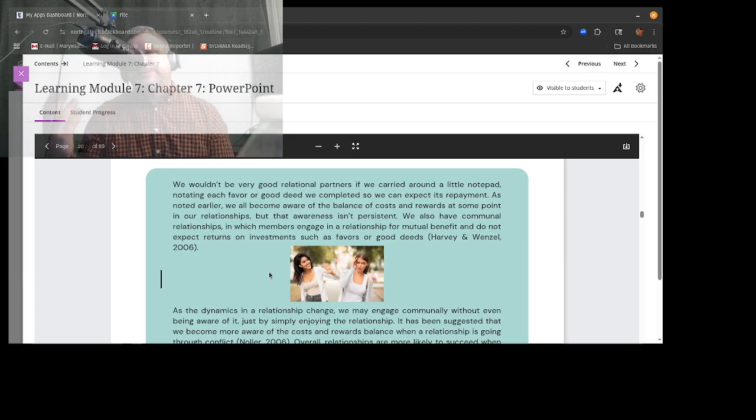Now, bear this in mind. We're not keeping a little notebook with a scorecard, right? We're not being like, ooh, I'm ahead by 5 good deeds this week, and I expect some repayment. This is an overall cost versus rewards that we're keeping. We shouldn't be keeping a tally in a short-term manner. If we are, we're in a bad relationship state.